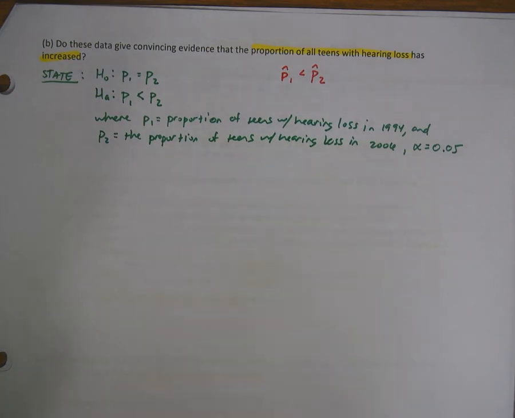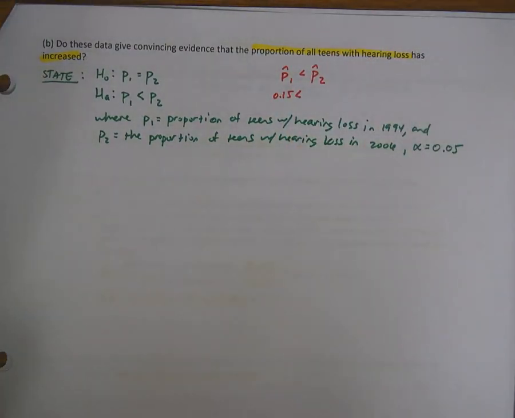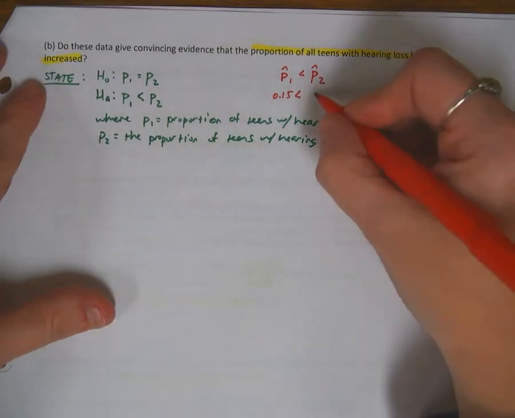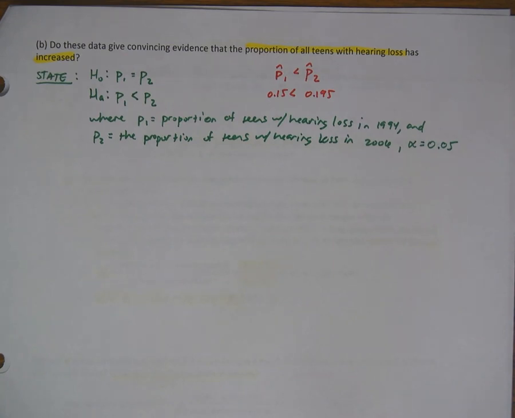So let's say 15% in 94. Well, that's less than the proportion of teens who had hearing loss in 2006. So there's our evidence for HA.